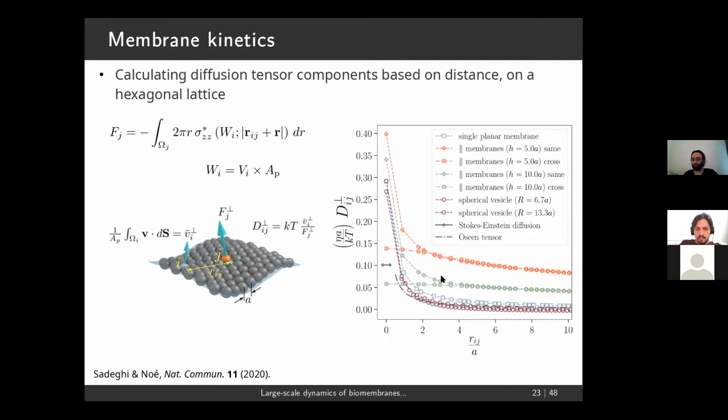I mean, what people in the literature often use is, of course, Stokes-Einstein, but also the Oseen tensor. They seem to be okay for the flat interface or for a single interface. They are completely off for multiple interfaces. Is this what you mean? That's a very keen observation. Yes, that's true.